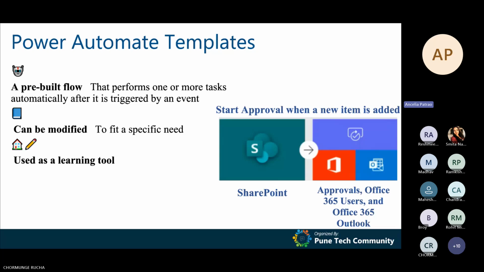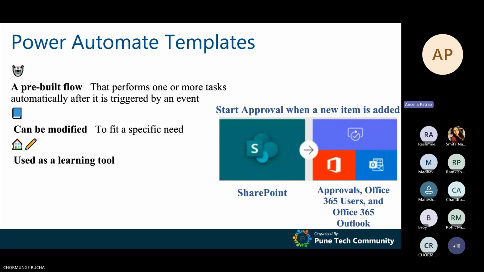Like start approval when a new item is added, like SharePoint. From the SharePoint, it goes to the approvals, Office 365 users, and the Office 365 Outlook. And the good thing is that templates can be modified according to our need, and all of that already exists in the template. You can just pick it and connect to your account, and if you want to edit new fields, etc., there you go, your template is ready, you can start using it.